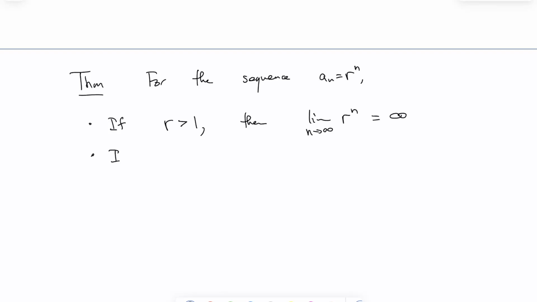The next case, if r equals 1, then the limit as n goes to infinity of r to the n is 1. That's just because every term equals 1, and so you get 1 for the limit. All right, then the next case was, actually this is summarizing several of what I described above.